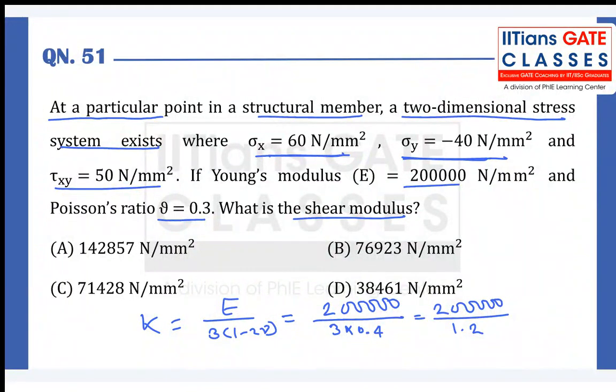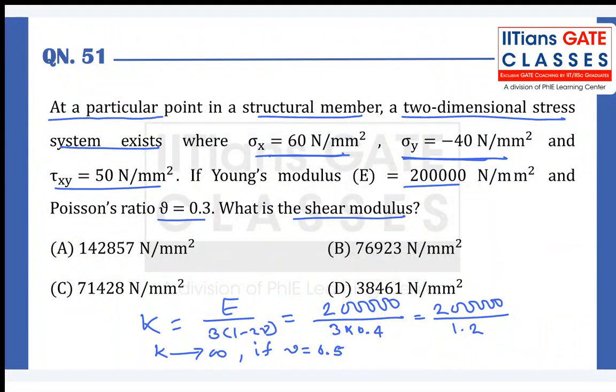The value of K will be infinite. When will the value of K be infinite? When the volumetric strain is zero. If Poisson's ratio is 0.5, then your solid will be perfectly incompressible.